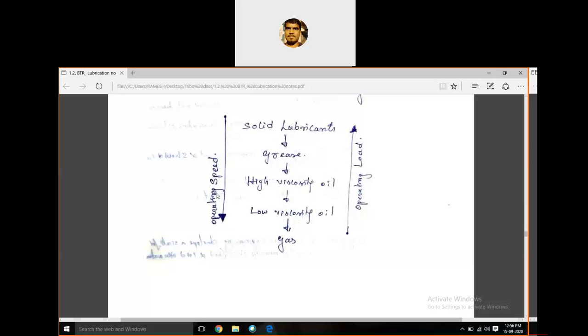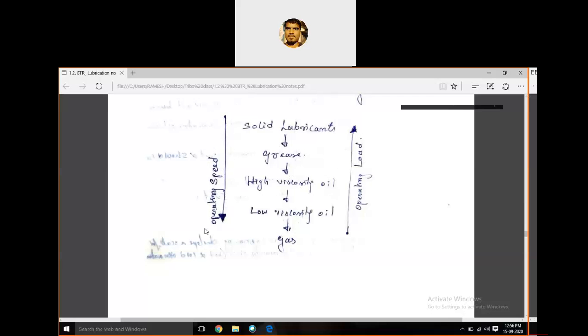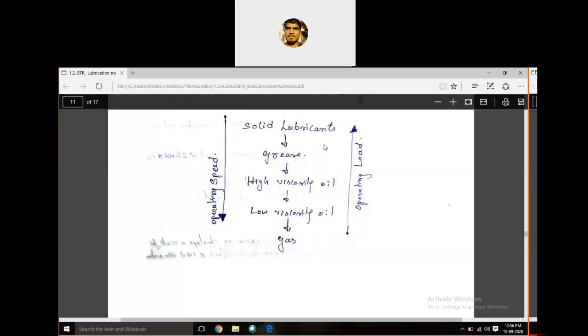Here, operating speed: if the operating speed increases, we have to select a less viscous fluid or lubricant. If the load is more, we have to use a more viscous oil, because more load means there is more direct contact between the two surfaces. To avoid that, we need a more viscous oil.